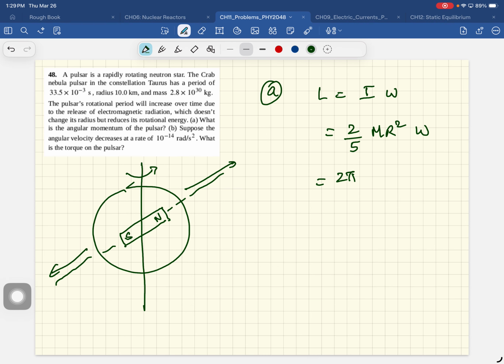Okay, that's 10 to the 38, minus 14 times 24.